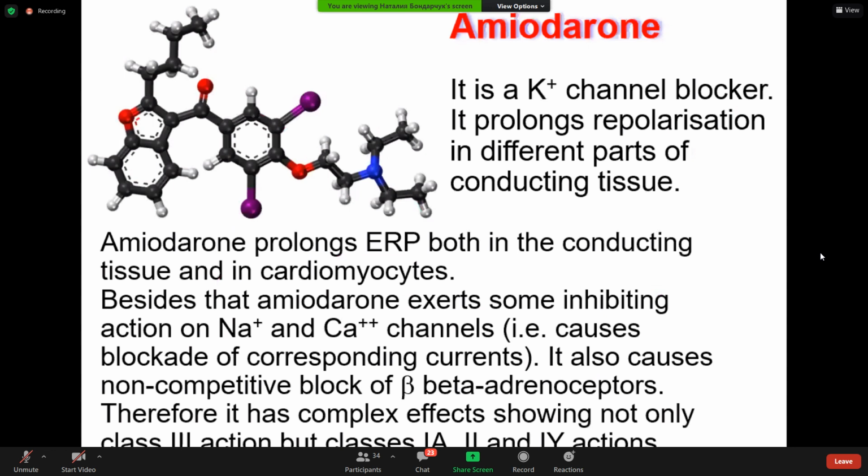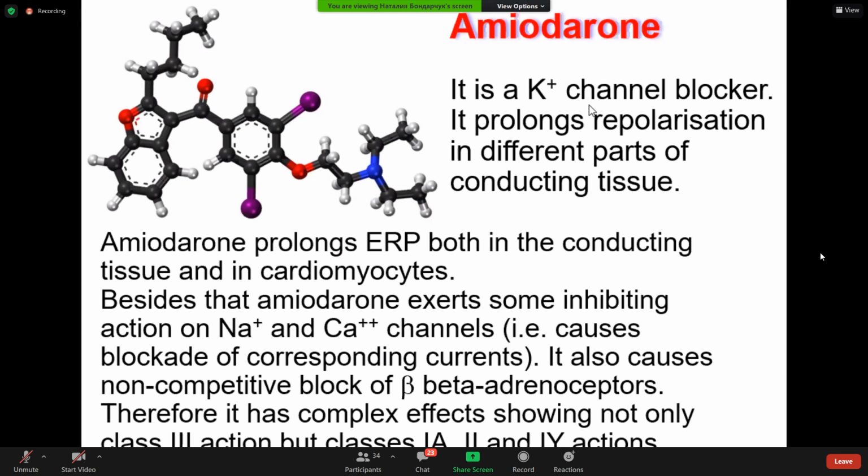And also it decreases automaticity of the sinoatrial node and AV node. So on this slide, you can see the chemical structure of amiodarone. According to mechanism of action, it belongs to the potassium channel blockers, sodium channel blockers, beta-1 adrenoceptor inhibitors, and calcium channel blockers.